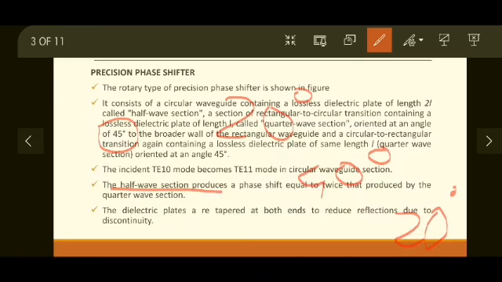So a total of 80 degrees phase shift may be obtained. If you want to obtain an 80 degree phase shift, this is how it can be obtained: 20, 40, 20. If you want 90 degrees, the combination will be different. Let's say 22.5, then 45, and again 22.5. That is how phase shift can be produced.